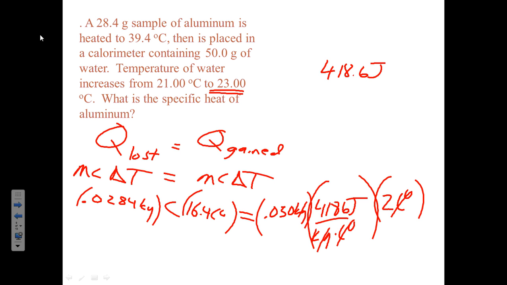To solve for c, I need to divide that by 16.4, and I also need to divide it by 0.0284. So let's divide that out.